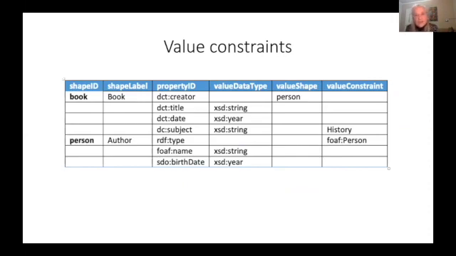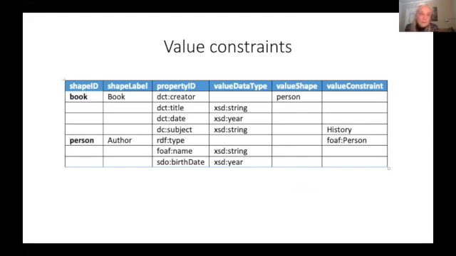Now, beyond saying that something is a string or an integer or a year, you may want to say more about it. So, for example, you may want to say that your subject string is always going to be the word history.